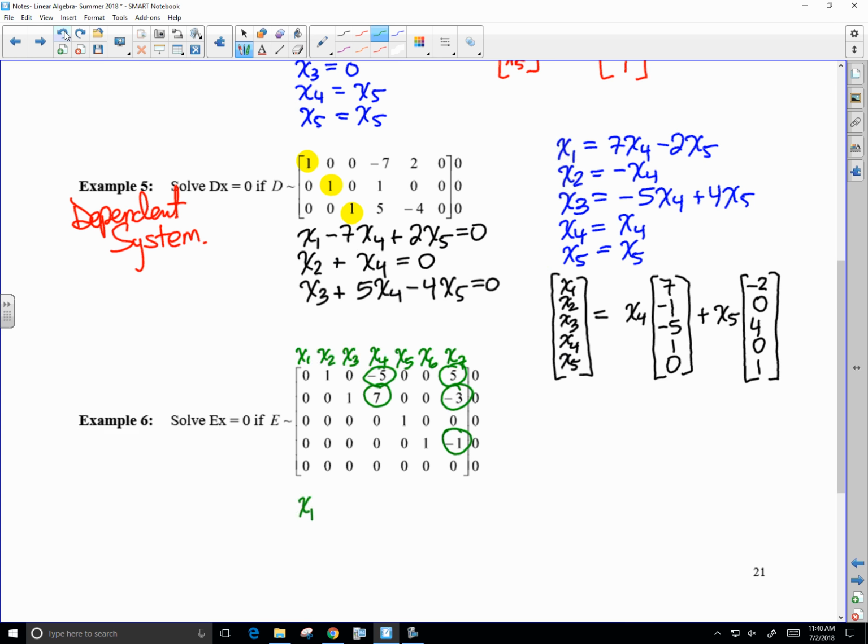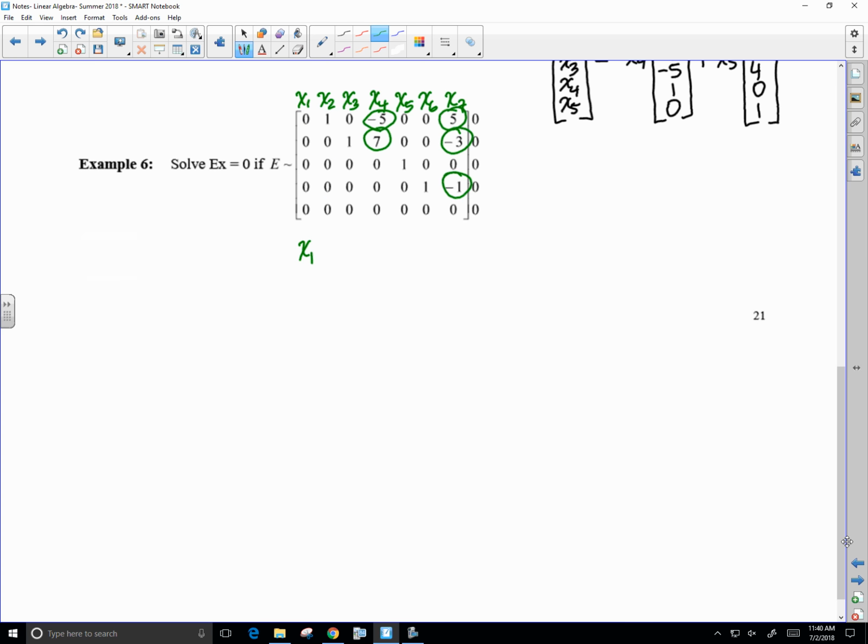All right, so maybe we'll just do it that way. x1 is free. x2, well, it would be x2 minus 5x4 plus 5x7, but those are getting moved to the other side, so you're basically reversing the signs. 5x4 minus 5x7. Yeah, I said it so confidently, though.